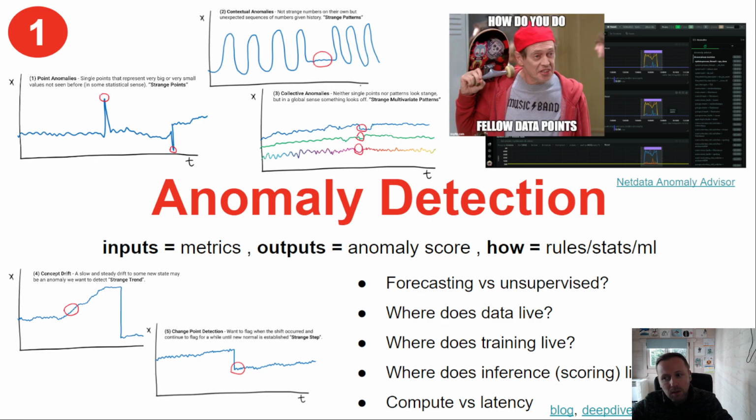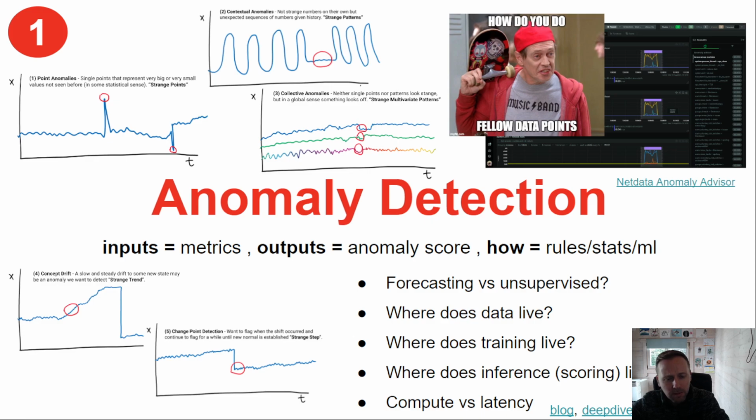One is forecasting versus unsupervised. One typical way people use ML here is they try and build a model to predict the expected value of the metric, and that basically turns it into a forecasting problem. So you're forecasting the next metric, and then once you realize the actual value, you now have expected versus actual, and the difference between those two becomes some sort of input into your measure of an anomaly score.